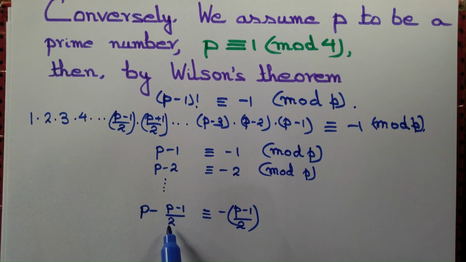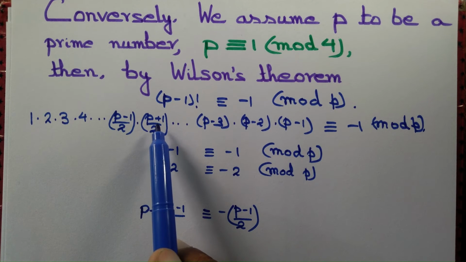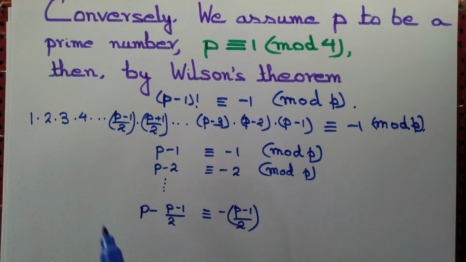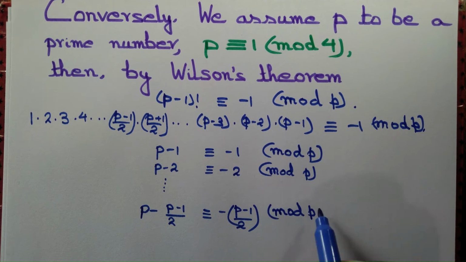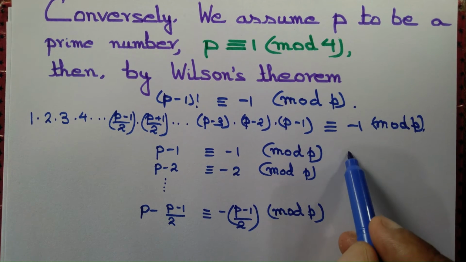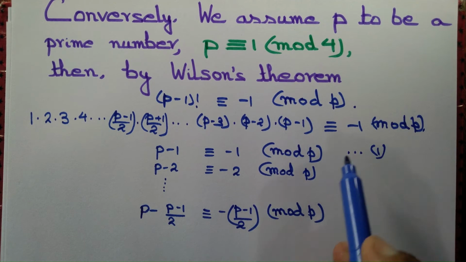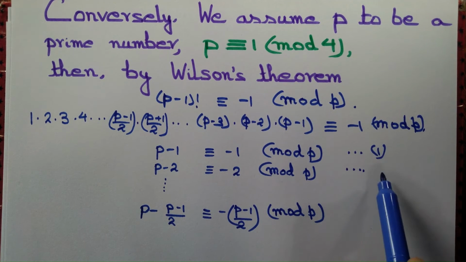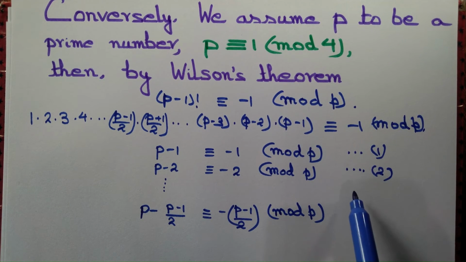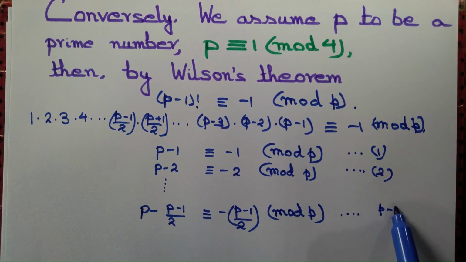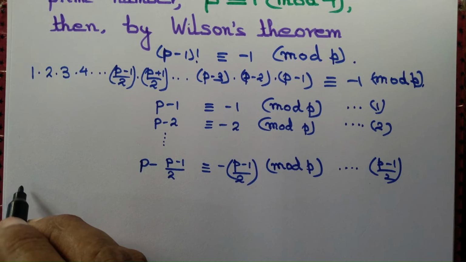P minus of p minus 1 by 2 is simply equal to p plus 1 by 2 mod p. Let's call this one congruence 1. Let's call this one congruence 2. And so on. Let's call this one congruence p minus 1 by 2.